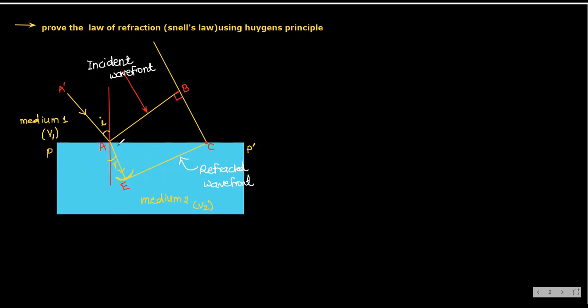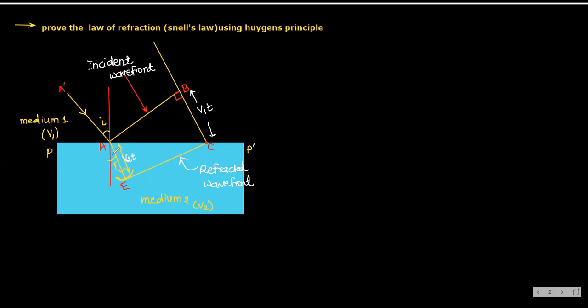Now this distance is how much? This will be V2 into T, right? How much will be this distance? V2 into T, and this distance BC is equal to what? V1 into T, right?